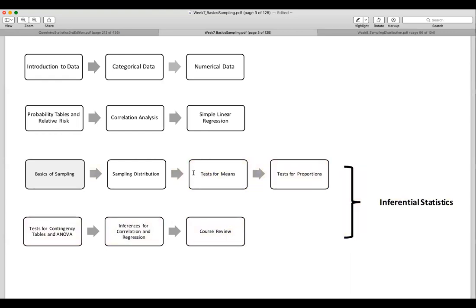When we talk about tests for hypotheses and other kinds of tests for inferences, we're just building on these ideas of the central limit theorem and of the properties of the sampling distribution, which are the fact that they are normally distributed, and that we can characterize them in terms of a confidence interval.